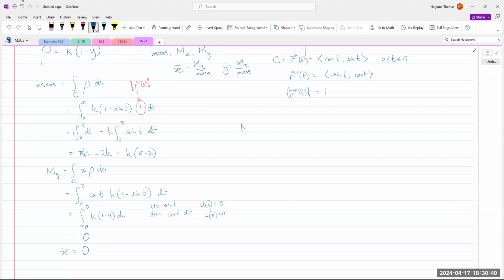How about the moment with respect to x? A moment with respect to the x-axis is the integral over C of y rho ds. That's the integral from 0 to pi. The y is sine t times k times 1 minus sine t dt.